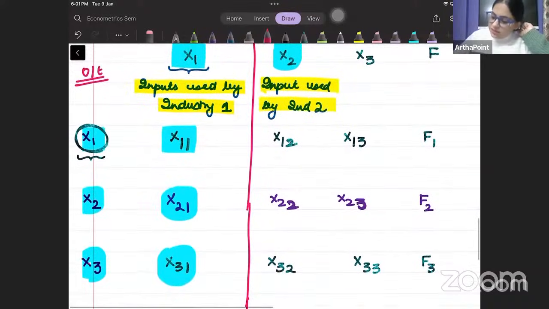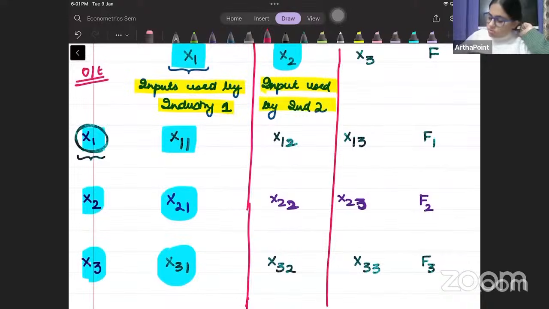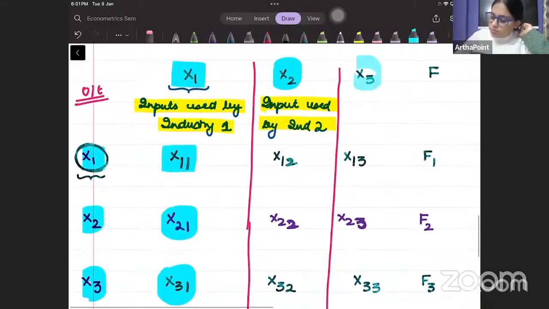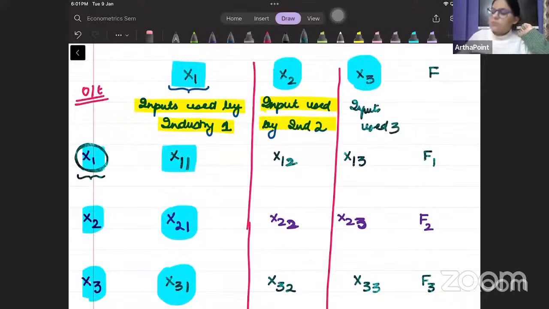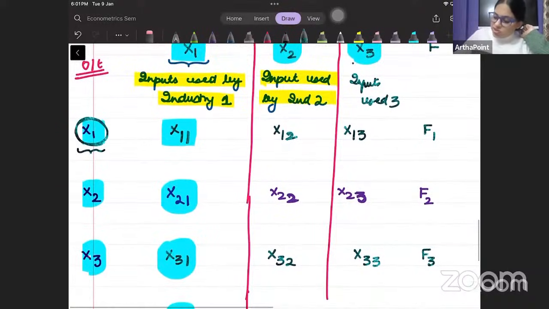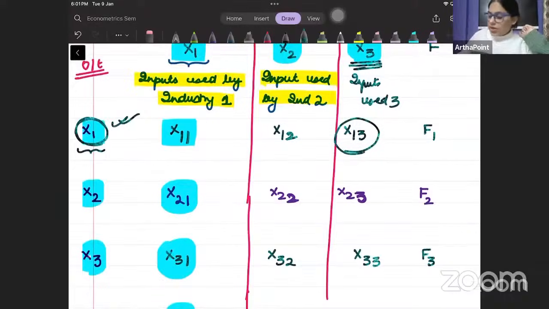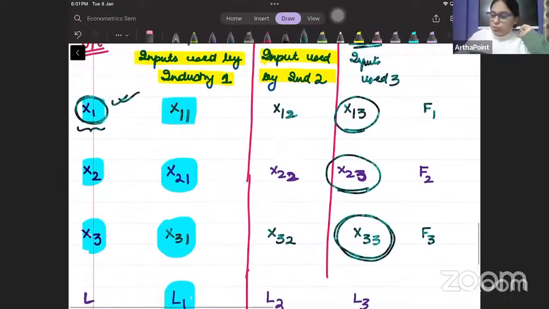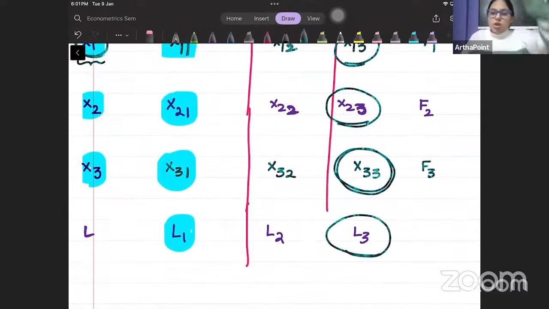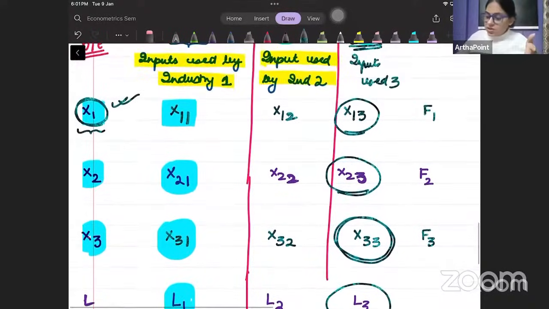And similarly, if I look into the third column, बच्चे, it is showing inputs used by industry 3. देखो, उसने industry 3 ने industry 1 के इतने inputs लिए, industry 2 के इतने inputs लिए, industry 3 के अपने आप के इतने inputs लिए और इतना labor use किया. So the columns represent the inputs used.